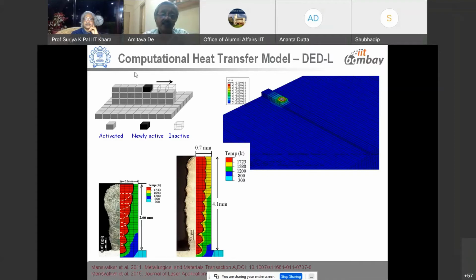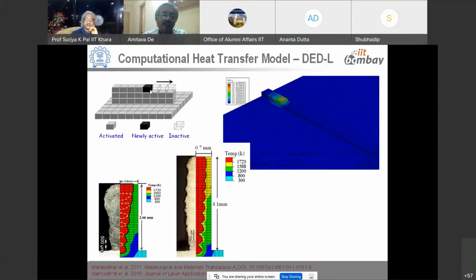The larger the size of this, the more we would lose the local variation in temperature, and if there is some effect of it, which is obvious because it would definitely have a certain effect on the solidification structure and so on.